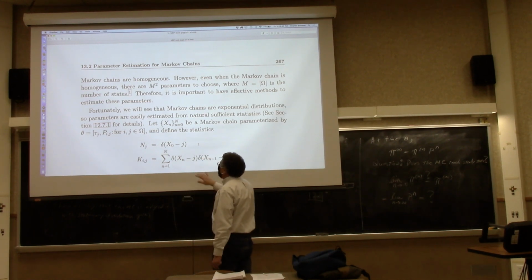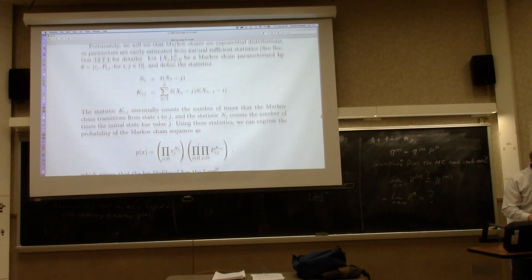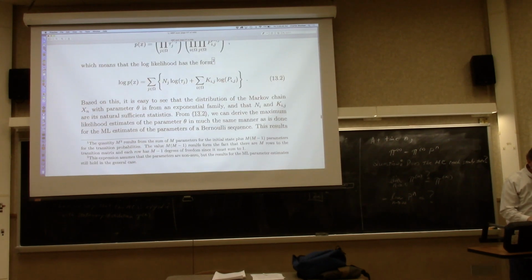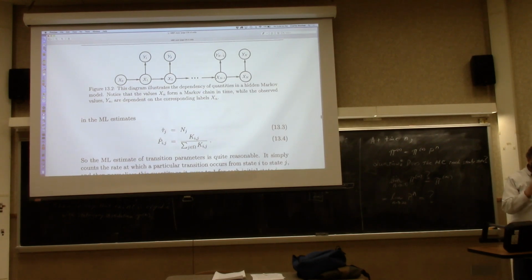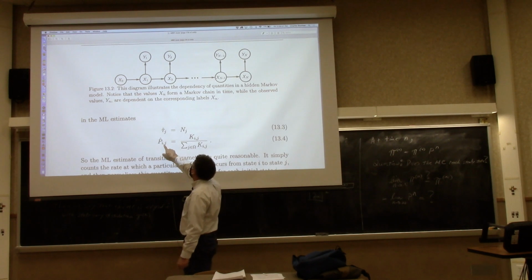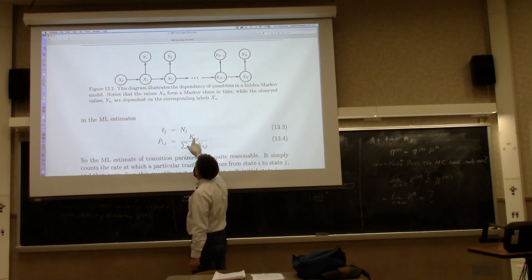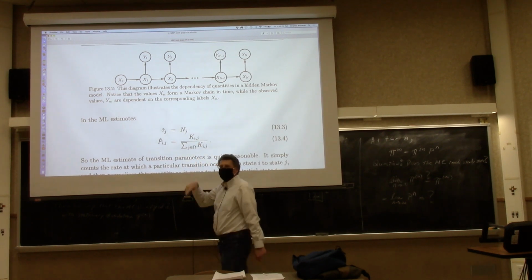So if there's any justice in the world, and if you hadn't taken this course, you would just say, what's the maximum likelihood estimator? You go through a lot of calculations, and the maximum likelihood estimator of the probability distribution is that you take this K_ij and normalize it so that j sums to 1.